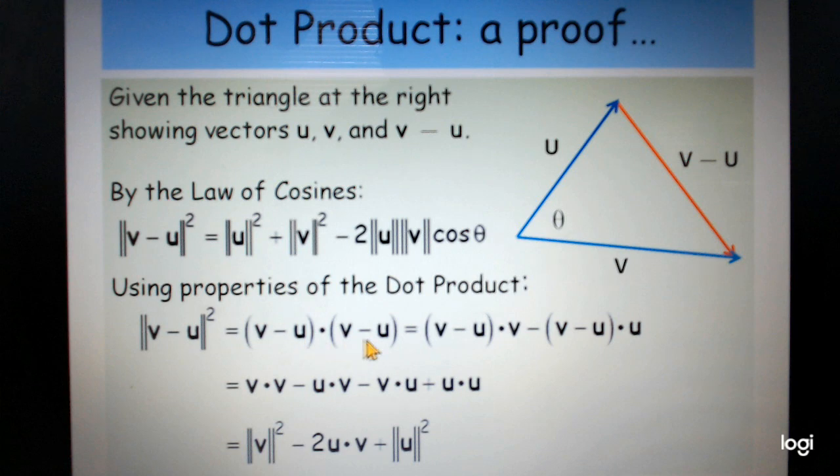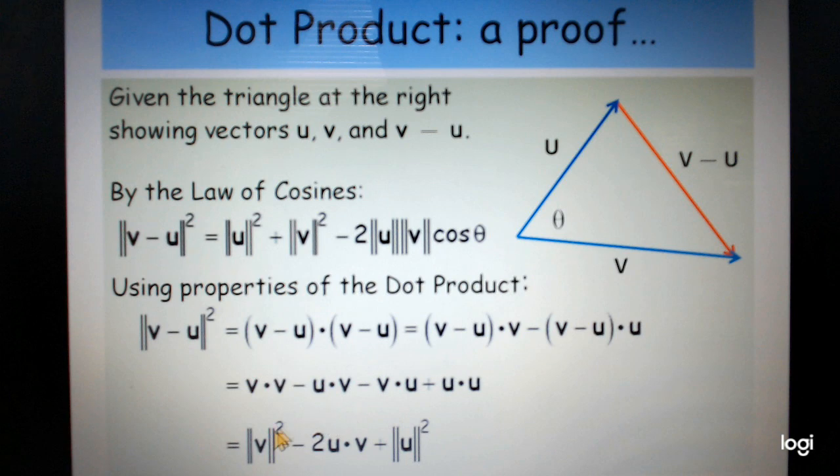You dot product times itself, right? And you work this out using the distributive law we've had in the past. And look at what you get. You get magnitude of V squared, magnitude of U squared, minus 2 U dot V. Now all of this is simply V minus U, the magnitude squared.